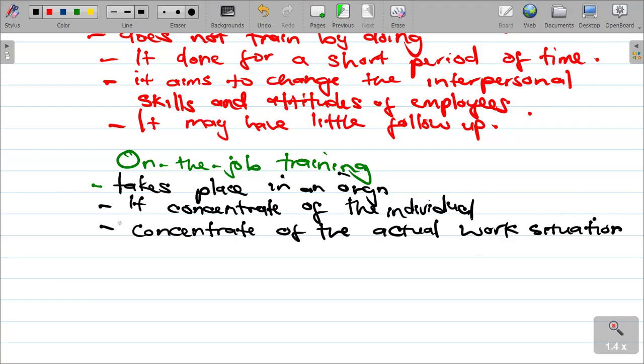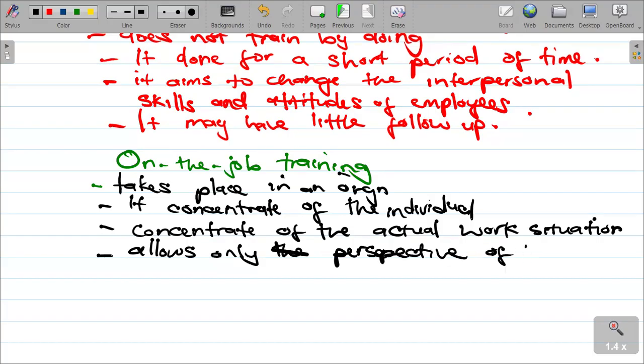And also, on-job training allows for only perceptive of the organization.